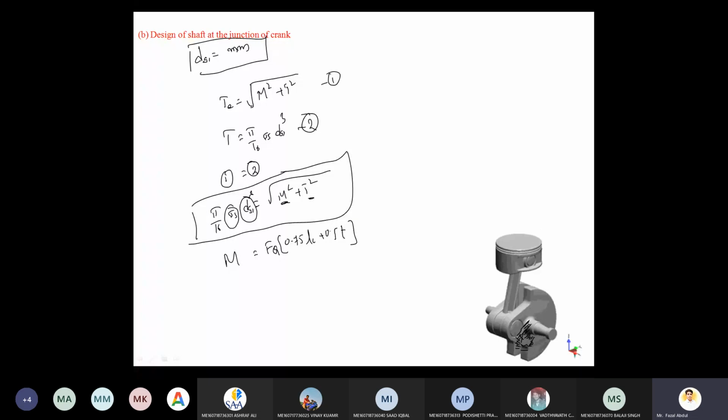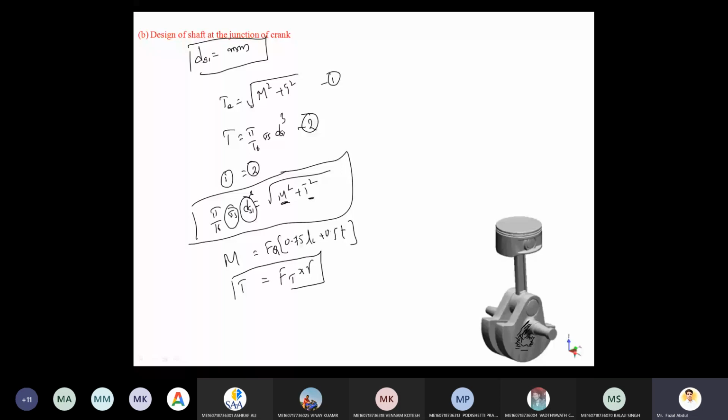Torque, due to the transmitting forces here. So torque is nothing but tangential force into radius of the crank. So T is Ft into R. And M is Fq into 0.75 into LC plus 0.5 into T.